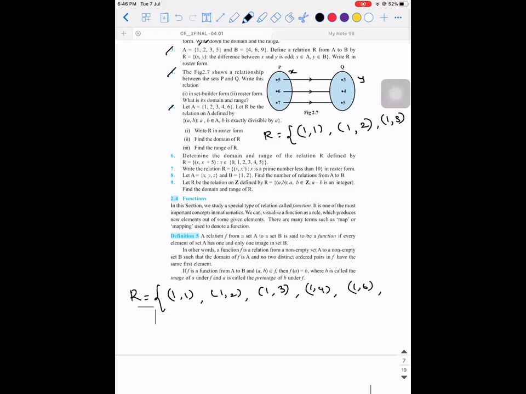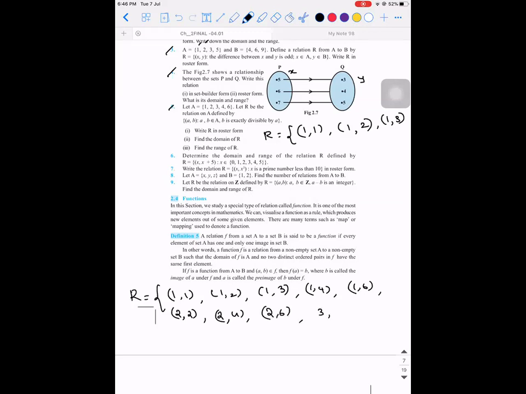Now if I start with 2, what is the least number that will be divisible by 2? That is itself. So (2, 2), then (2, 4), (2, 6). That's it. Then I will start with 3.